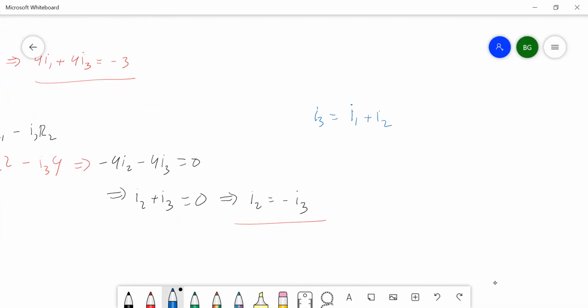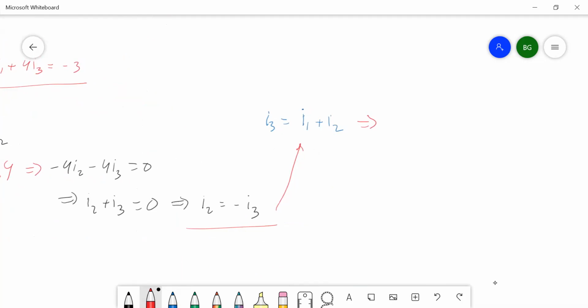If we insert this relation into this one, then we get I3 is minus I2, so it should be minus I2 equals I1 plus I2.